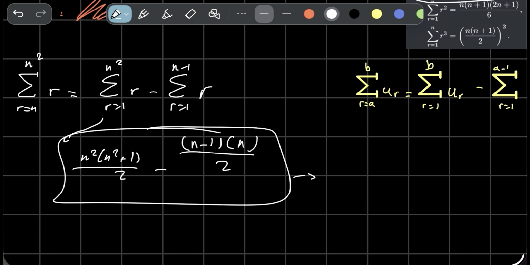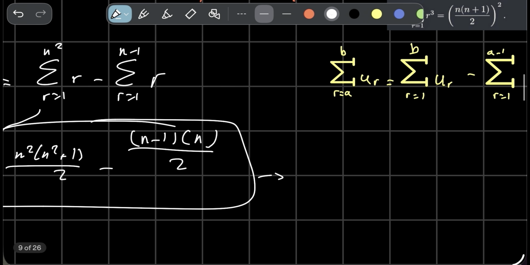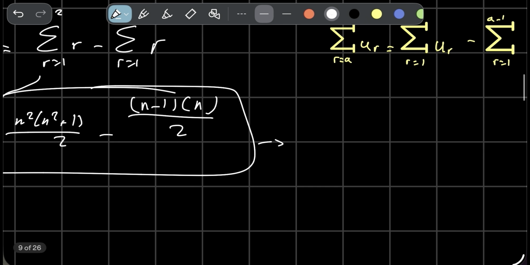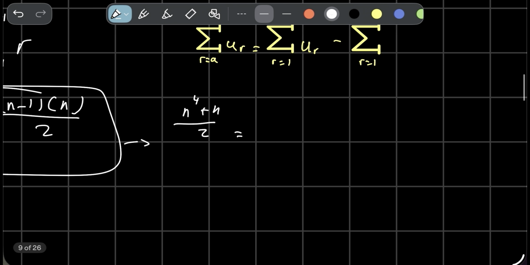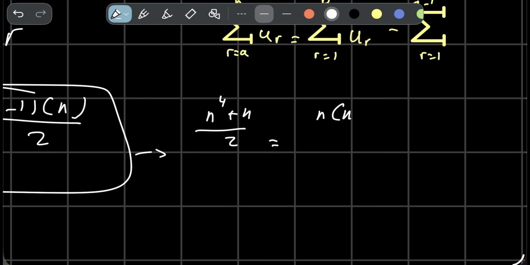We can factorize it more. If we expand this and put them over 2, we'll get n to the power 4 plus n over 2, and you can take n as a common factor, so it's n times n cubed plus 1 over 2.